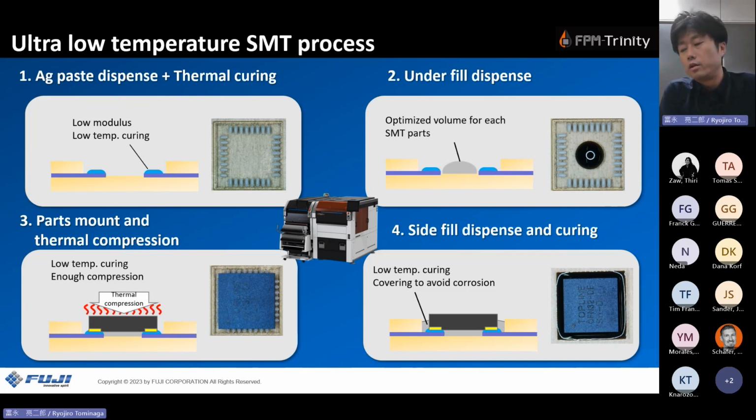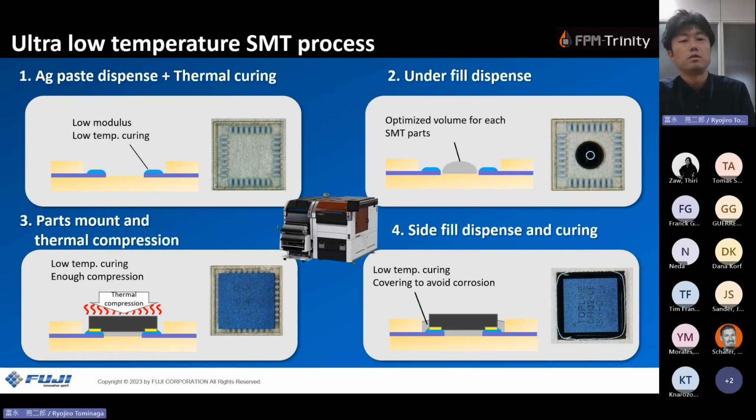The silver paste interconnection is very difficult because there is no self-alignment function, and it is very difficult to control the gap between the printed paste after the bonding pressure. Therefore, we established a very specific and unique low temperature parts mounting process. At first, we print a silver paste by the air dispenser, and before the parts mounting, we cure it beforehand.